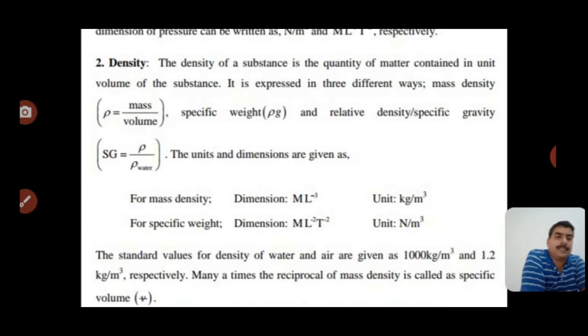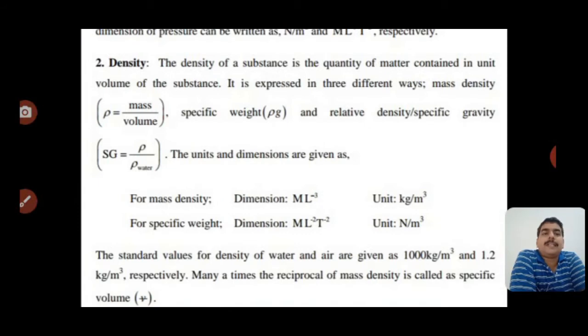Mass density unit is kilogram per meter cube: unit volume has how much mass of the fluid. This is the mass density, its unit is kilogram per meter cube, and its dimensional unit is ML^-3.